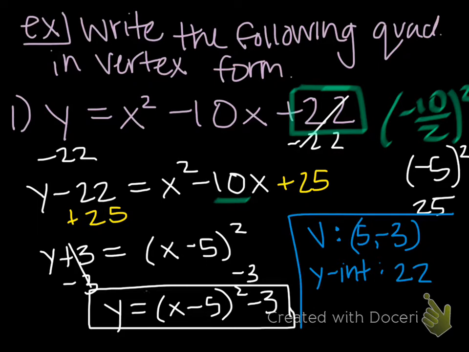This parabola is going to be opening up, and the reason is your a value. When you look at this first equation, notice there is nothing there. It's implied to be a positive 1. Same thing down here, positive 1. So because it's positive, your parabola would be opening up.